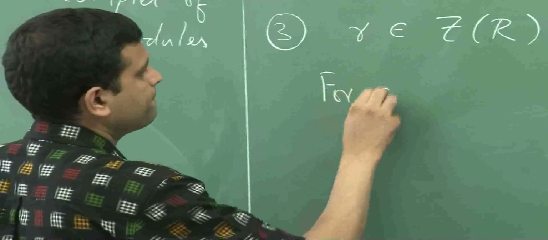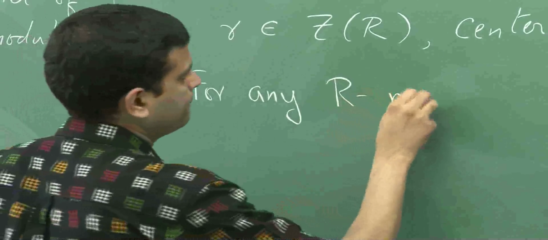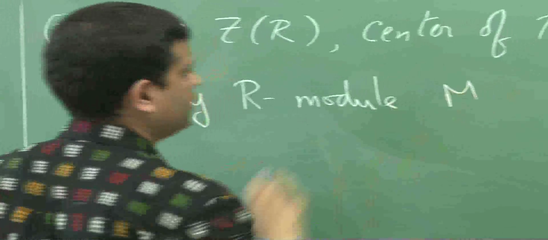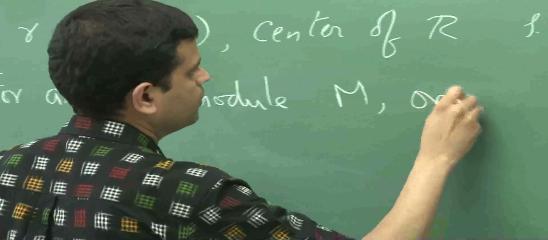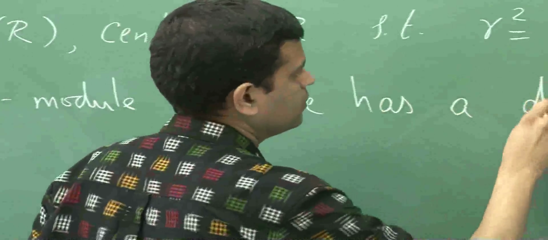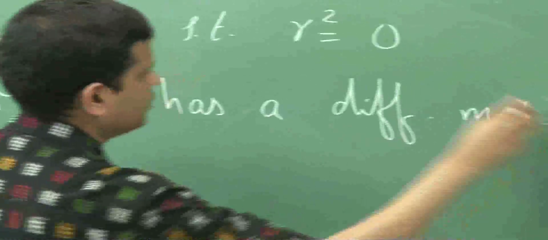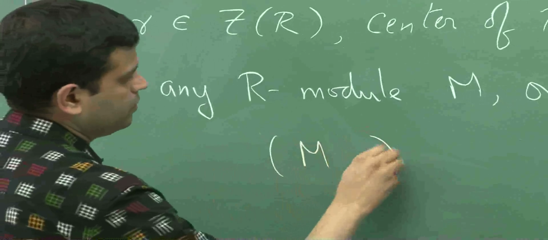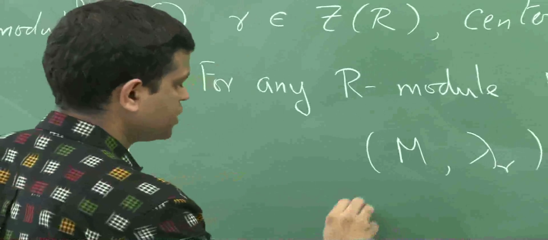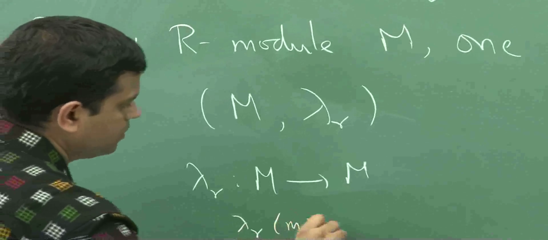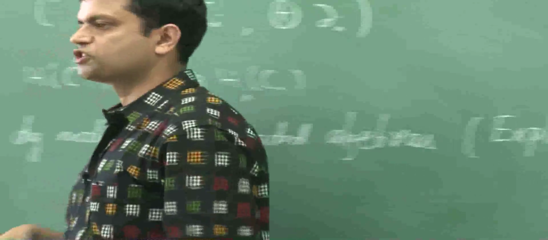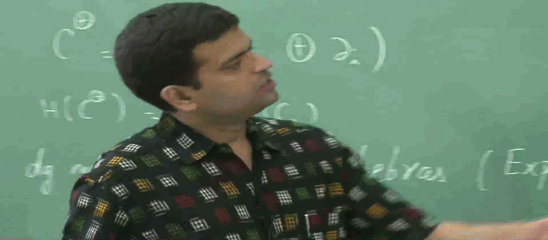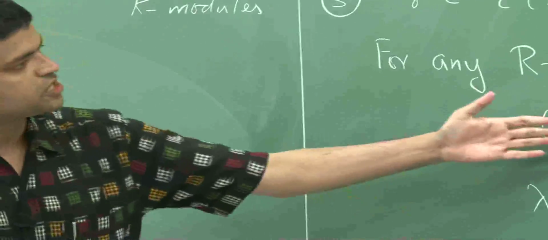Then for any R module M, you get a differential module, where lambda R is nothing but multiplication by R. So any R module, you can enhance it to a differential module over the ring R. And for as long as R is not 0, you can see that this differential module need not come from a complex.